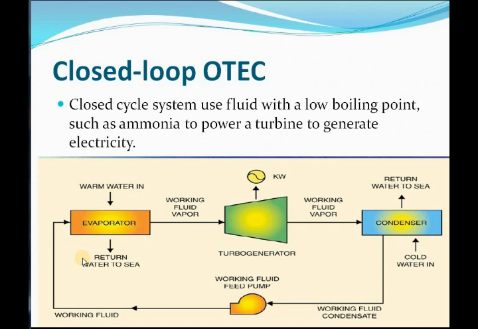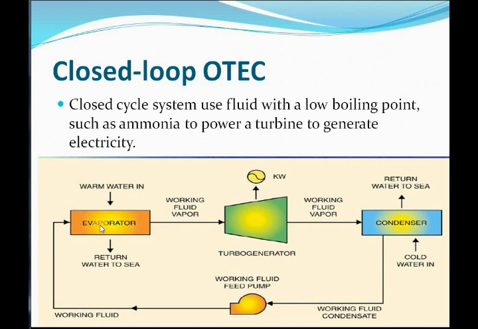The warm seawater is taken from the surface of the ocean and used to vaporize the second working fluid, that is either ammonia, propane or Freon type refrigerant. This second working fluid will flow through the evaporator, that is the heat exchanger, to the turbo generator.